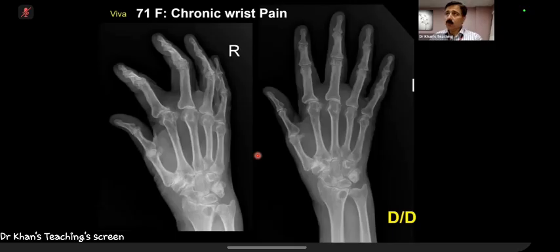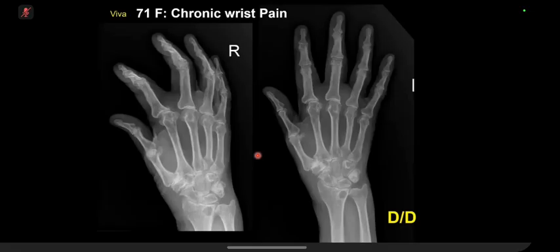Candidate 4, your case. So I've got frontal and oblique radiographs of the hand in a 71-year-old female, in which I can see that there is arthropathy affecting the metacarpophalangeal joints predominantly, and also the carpal bones.